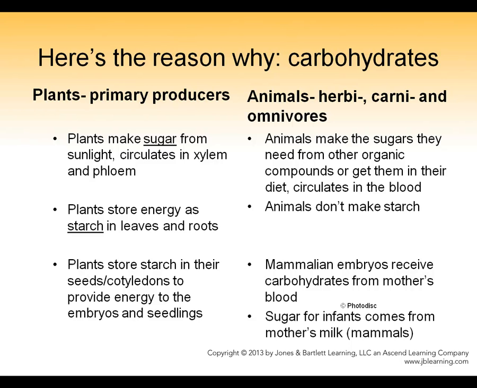So from a plant's point of view, you've got to give your progeny some sort of energy source so that it can survive the embryo stage and put out those leaves and start making energy for itself.